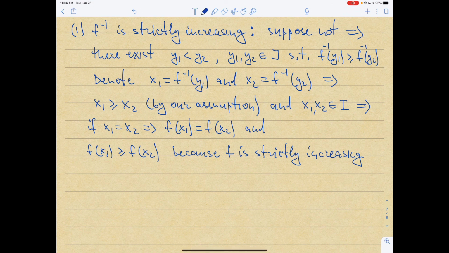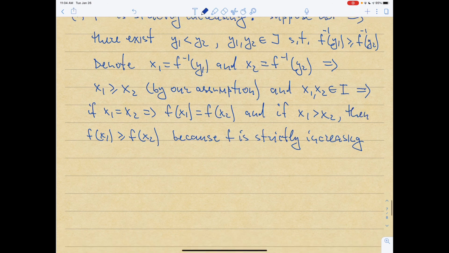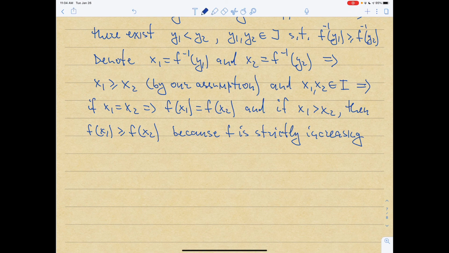And on the other hand, if x1 is strictly greater than x2, then f of x1 is strictly greater than f of x2 because, as I just said, my function is strictly increasing. Right? So we have these two choices.